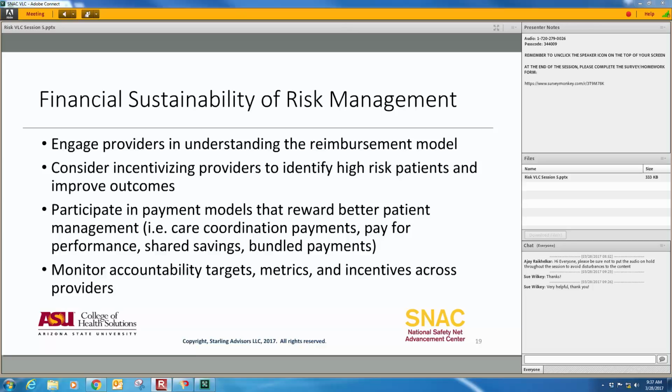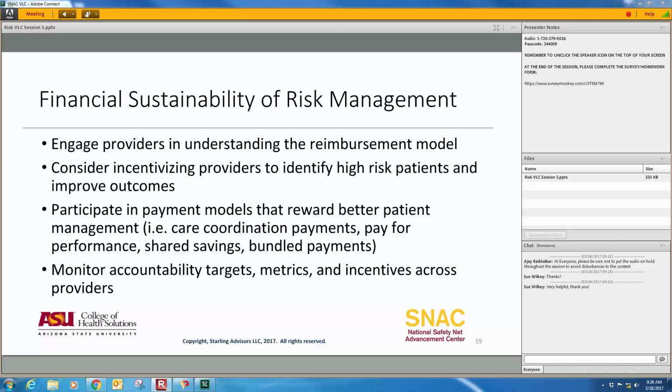Just to put a point on this one, we think this is an incremental step. We wouldn't suggest that groups doing this for the first time jump into a bundled payment or a much riskier model of payment, but gradually over time building your capacity to not only better manage these populations, but demonstrate that you're managing these populations to the payers is going to be important.